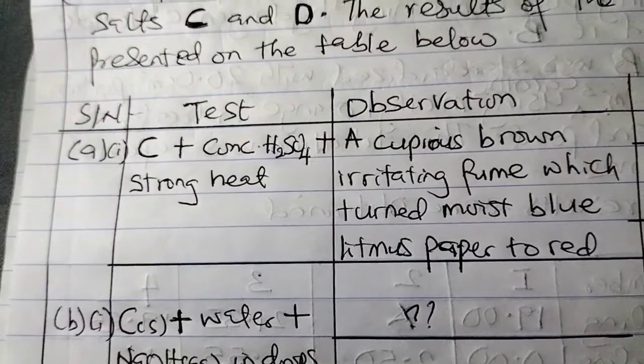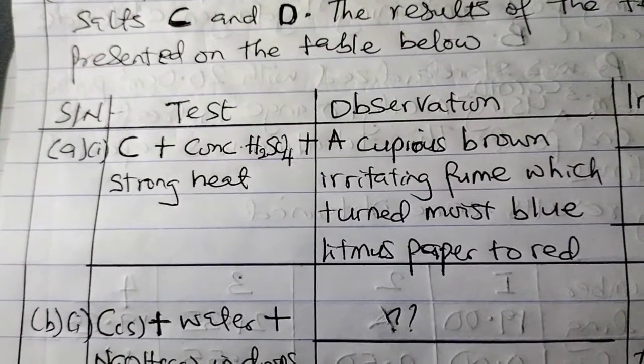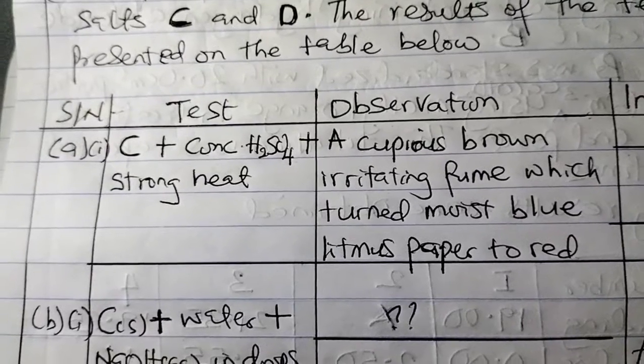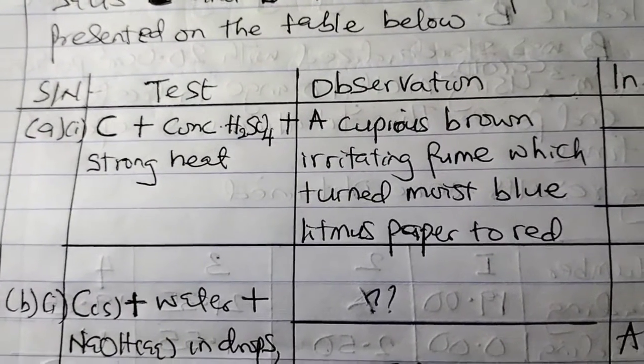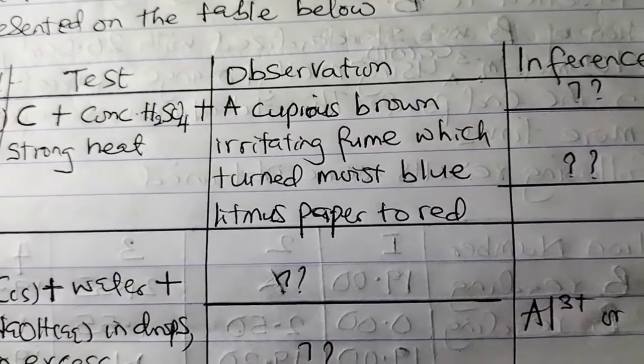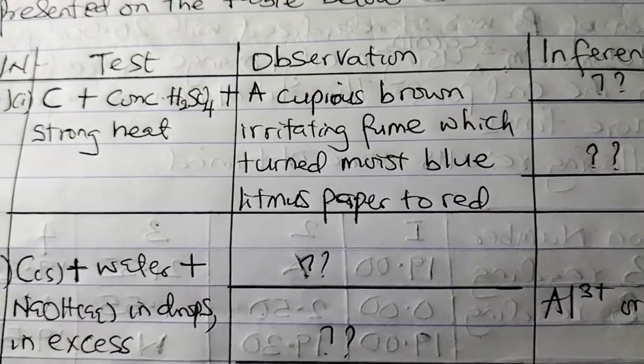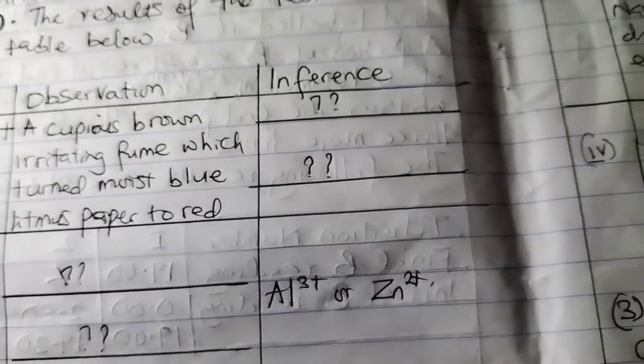You have a serial number. You have a test: C plus concentrated H2SO4 plus strong heat. We have a cuprous brown irritating fume which turned moist blue litmus paper to red. We are asked to fill in the inference.